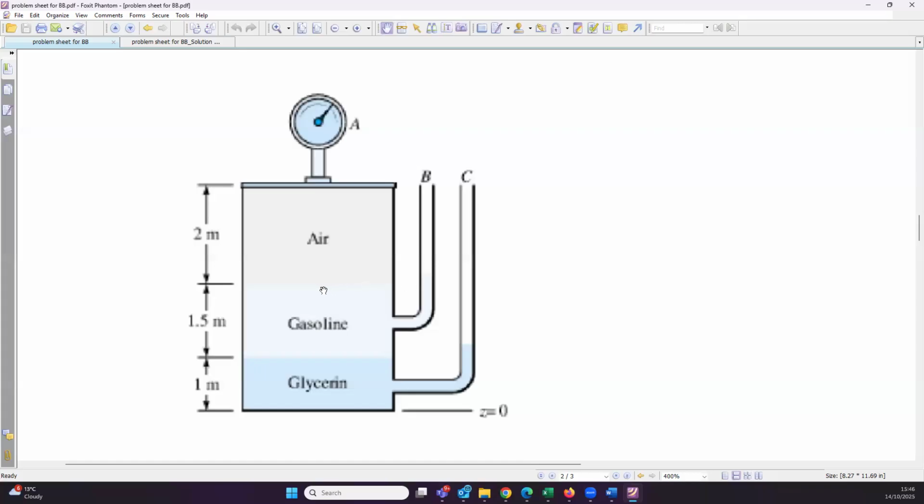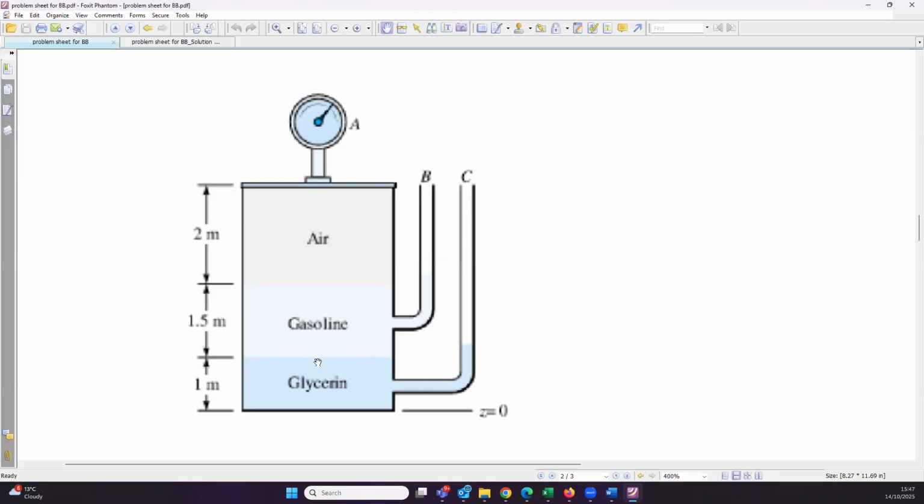So the pressure here should be equal to the pressure here. Yes, does it make sense to you all? Okay, if it doesn't, think about the isotropy of pressure, that this point and this point are connected by the same liquid.